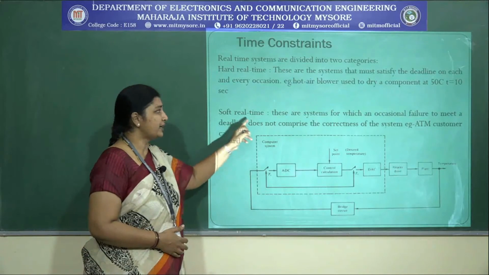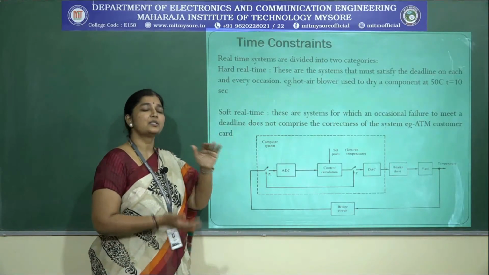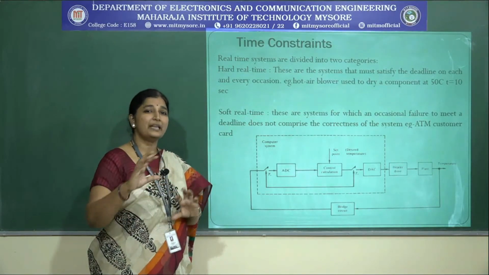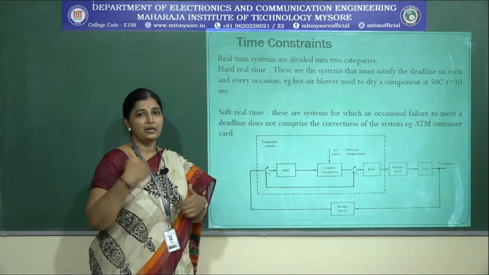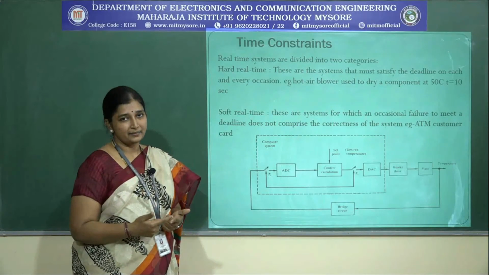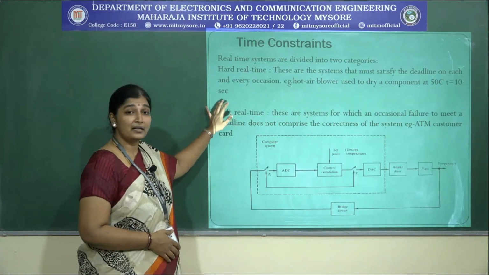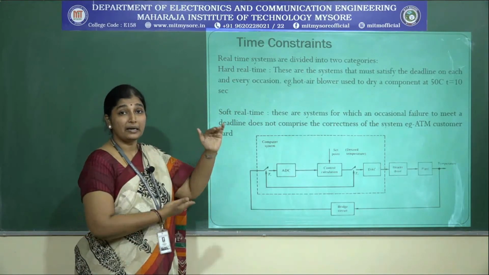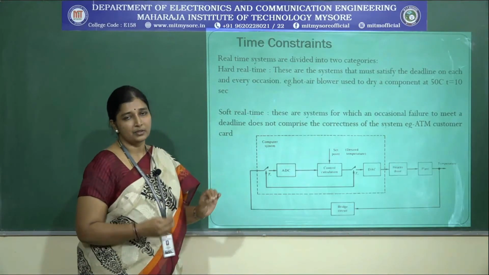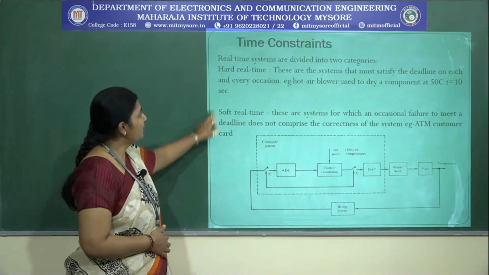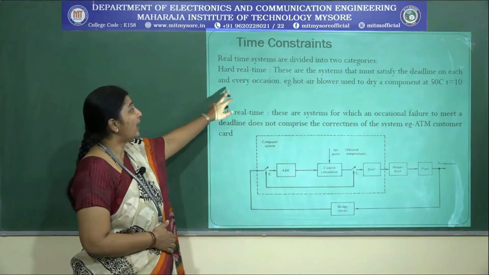Soft real-time, as the name itself indicates, is soft. Even if there is a small variation in the computation or in writing a program, that can always be corrected. But in the case of hard real-time, you have to ensure the correctness of the response for a desired input to the system, right? Now let us try to understand what we mean by hard real-time.